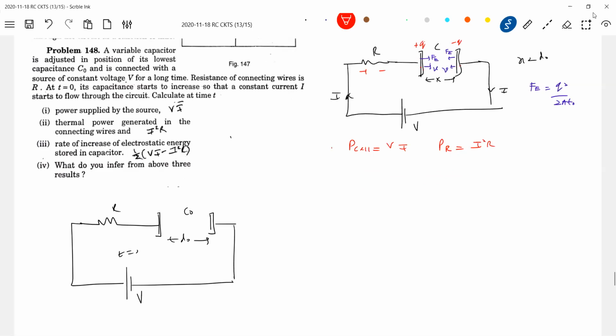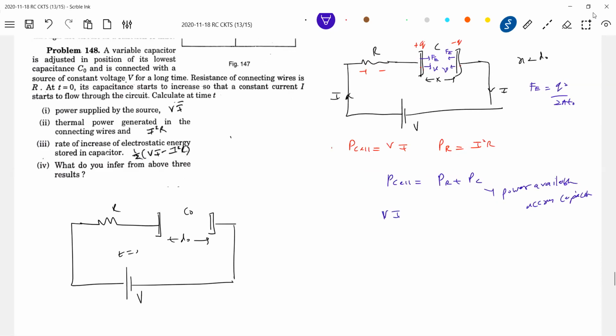I think I'll begin like this. The power generated by the cell is given by this. Some power will go to the connecting wires, and the remaining power will be given to the capacitor. What should I call this, P C? Power available across the capacitor.